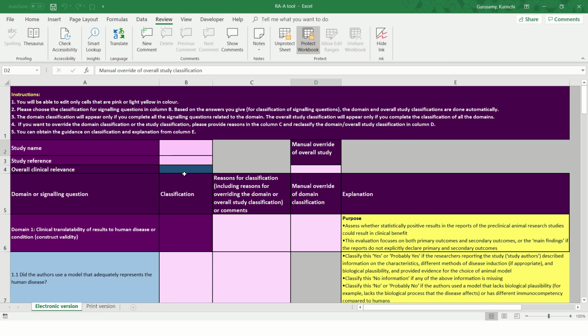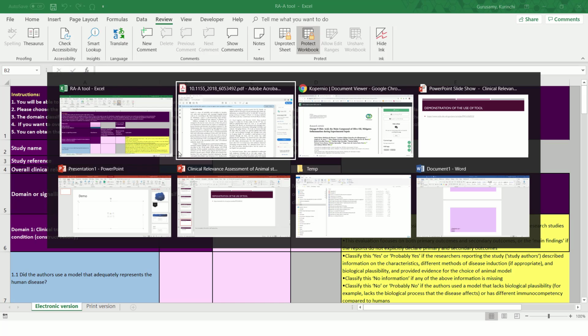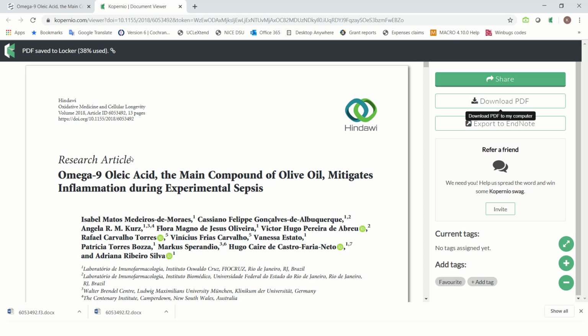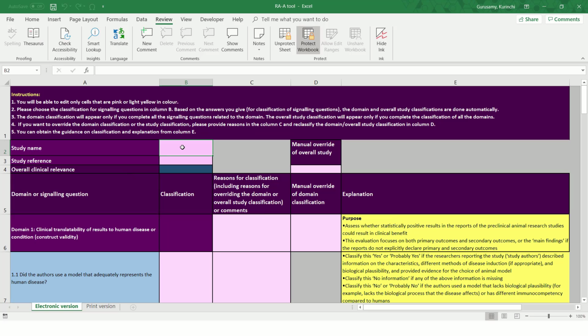Okay, so now let's go to the RA tool. Study name, this can be anything that you actually want. I usually tend to follow the last name of the first author followed by the year of publication.